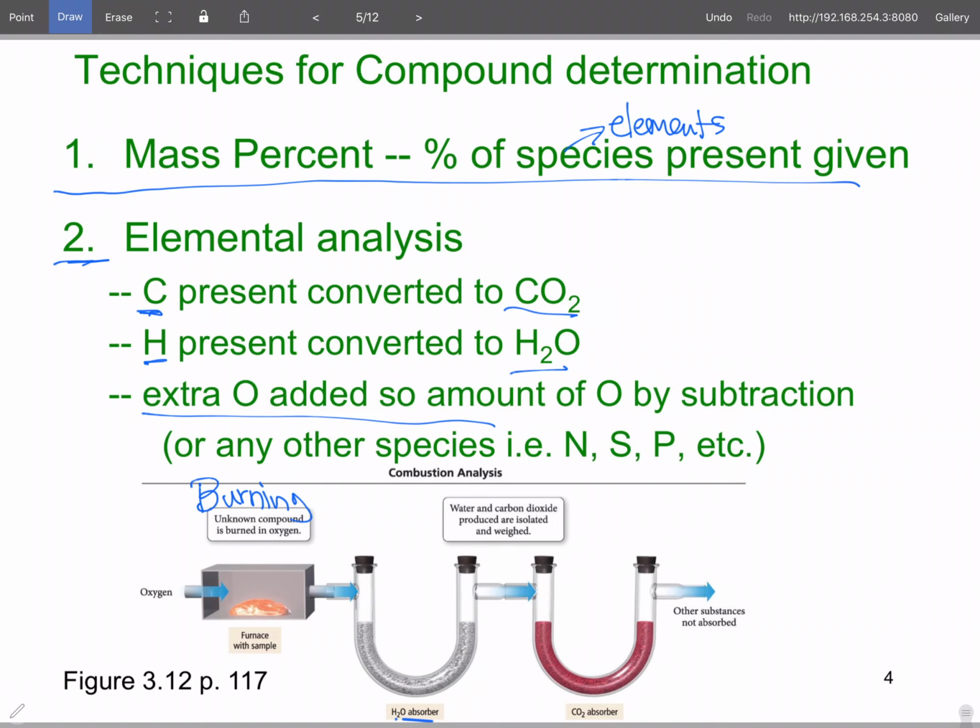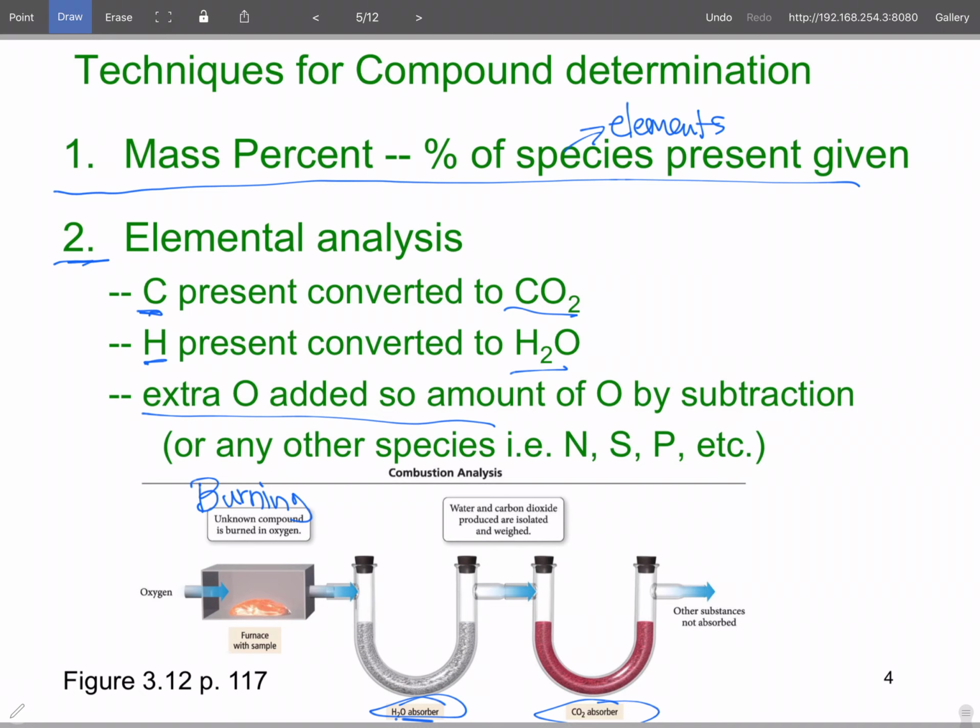Things that don't contain carbon don't always burn well. But in this elemental analysis, you're going to burn it. And here this one catches the water. And this one catches the CO2.